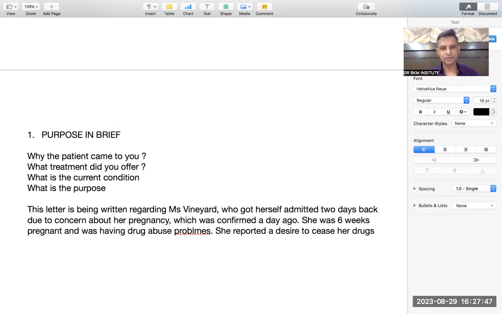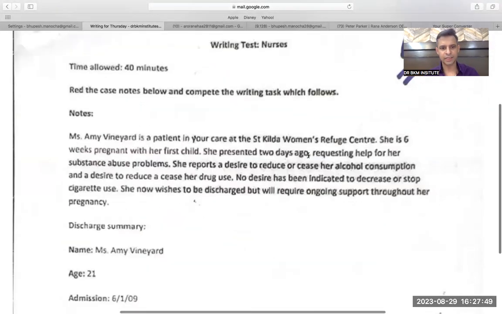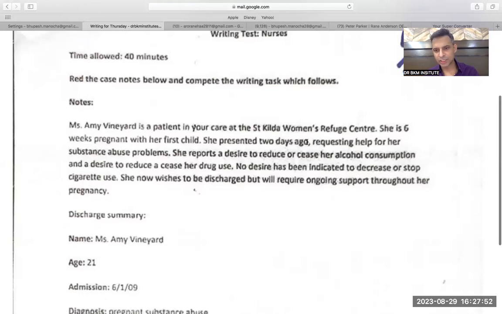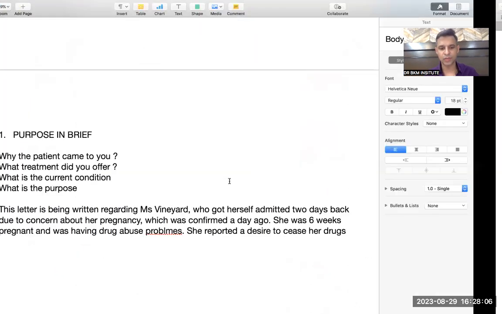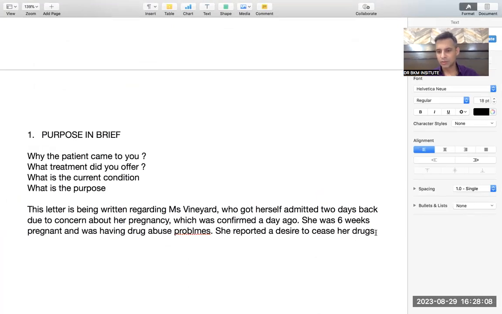Where it was given? Again, it was given here. That she presented 2 days ago requesting help for the substance abuse problem. She reported a desire to reduce or cease her drug use. So that is where I'm picking up the main line, that she reported a desire to cease her drug use. So that is the main thing.